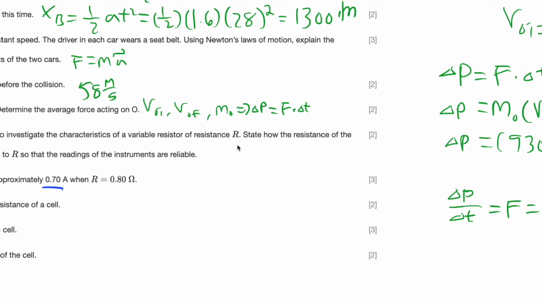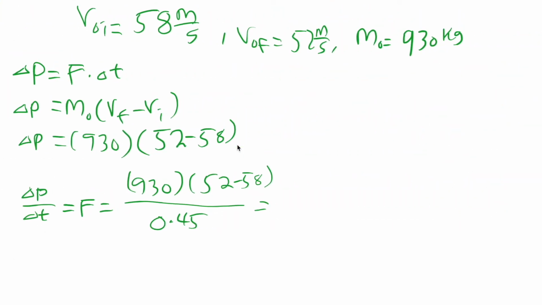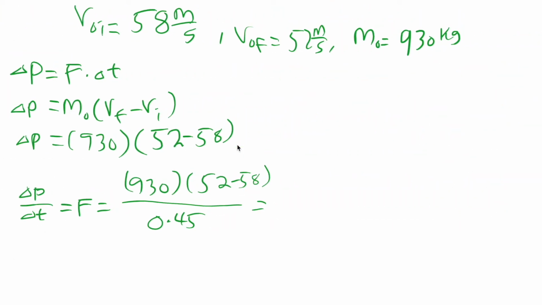Now determine the average force. So since it's asking us to find the average force, I'm gonna take the magnitude of this quantity. So I'm gonna put an absolute sign here. And this will give you an answer of this number here. So this is the average force.